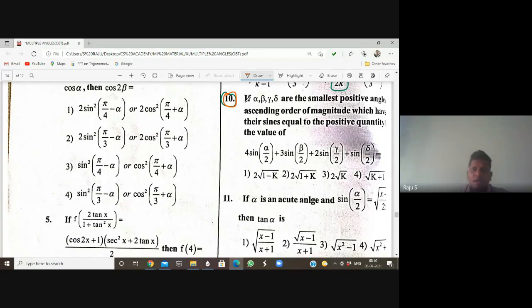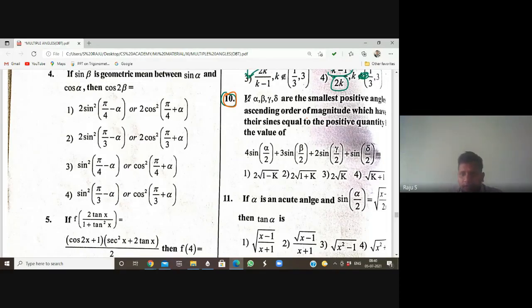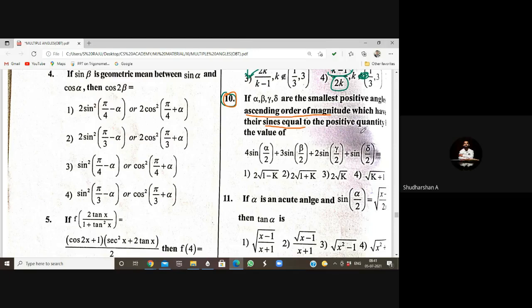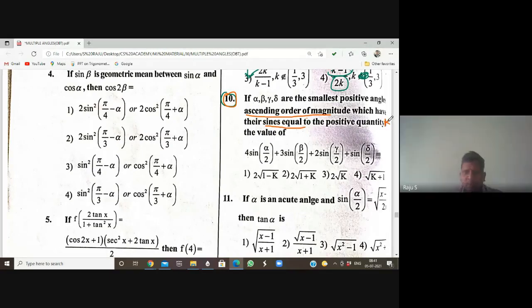Now, if alpha, beta, gamma, delta are the smallest positive angles in ascending order of magnitude which have their sines equal. Sines equal means nothing but sin alpha is equal to sin beta is equal to sin gamma is equal to sin delta. Their sines are equal to a positive quantity k.